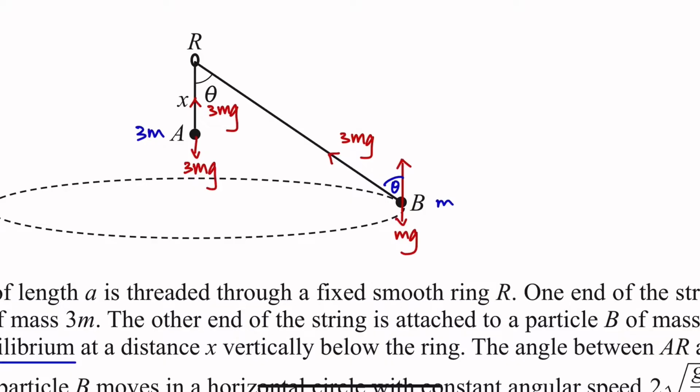And in the vertical direction, this would be 3mg cos theta. And in the horizontal direction, this would be 3mg sine theta. So now we can remove this since we have resolved it in the vertical and horizontal direction.